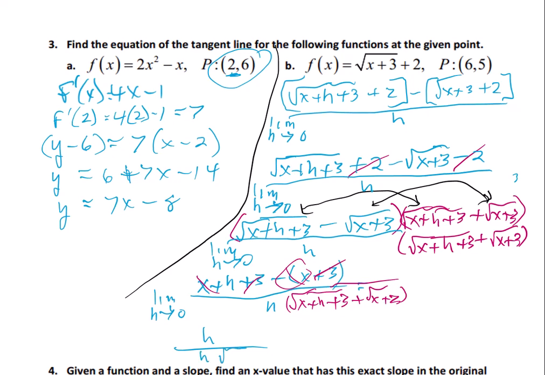So let me do this. h times the square root of x plus h plus 3 plus the square root of x plus 3. All that's on the bottom. Okay, I can cancel my h's, leaves 1 on top. What's it going to leave me on the bottom?